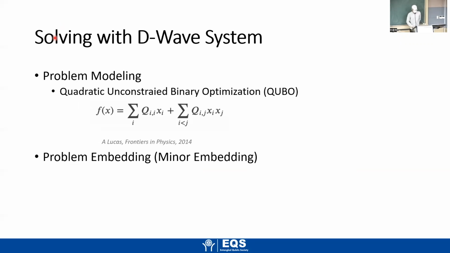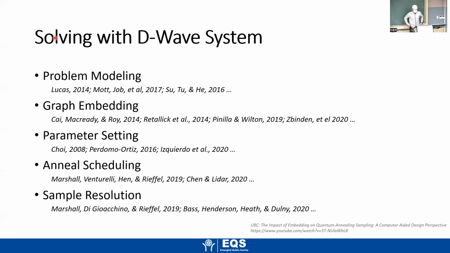Next, I would like to briefly talk about how you can use the D-Wave system. If you want to solve a problem with the D-Wave system, there are five important steps. First is problem modeling, second graph embedding, third parameter setting, fourth annealing scheduling, and lastly sample resolution.